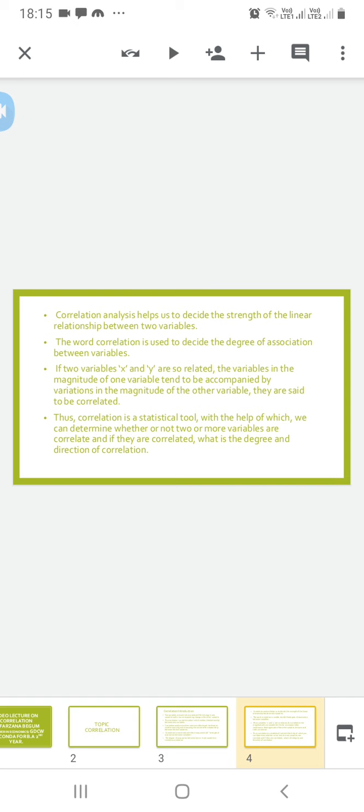Thus, correlation is a statistical tool with the help of which we can determine whether or not two or more variables are correlated, and if they are correlated, what is the degree and direction of correlation.